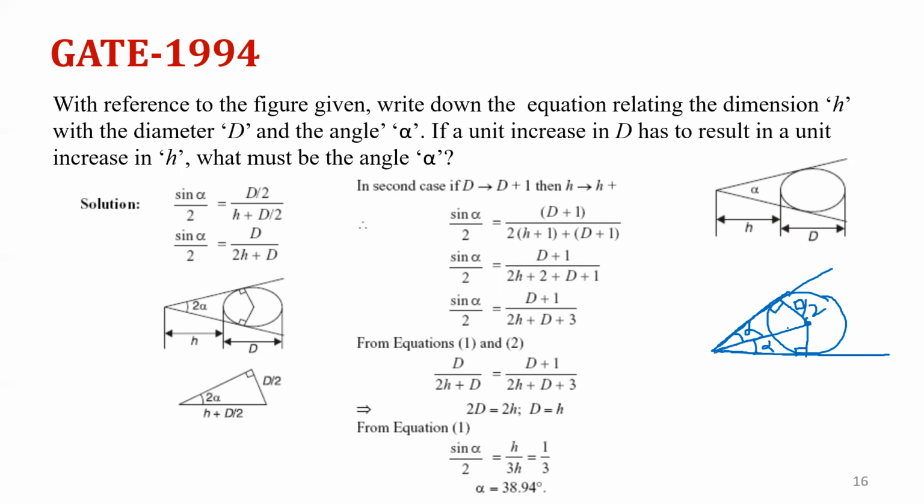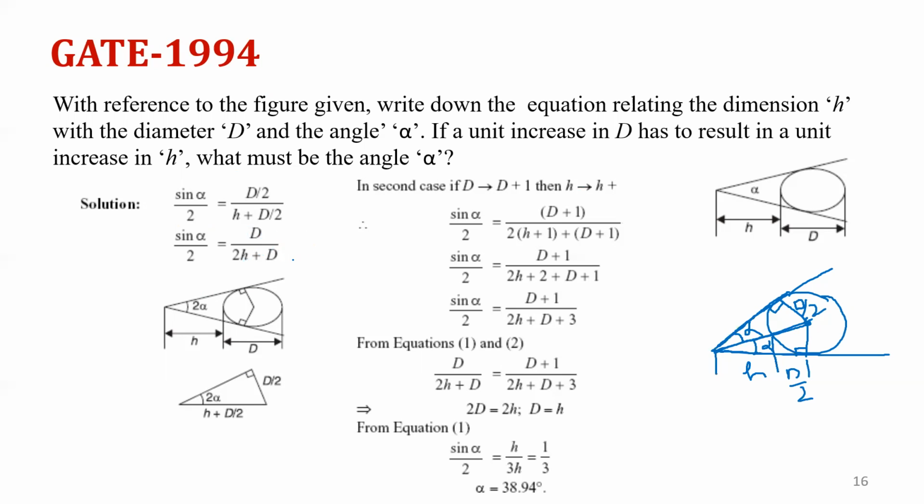Up to this it is h. This is d by 2. So h plus d by 2 divided by h plus d by 2, d by 2 divided by h plus d by 2. Therefore, sine alpha by 2 is equal to, if you simplify this, d by 2h plus d.